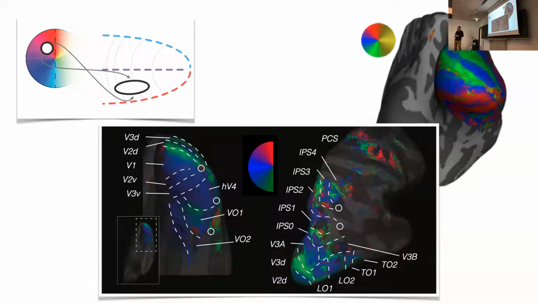We call this retinotopy. And this means that we can actually map this using fMRI in humans in a very, very specific way. So what you're looking at is my brain, yet again, but ethics stuff. What you see here is a map of my visual cortex on the right side of my brain, and I've inflated the cortex here.